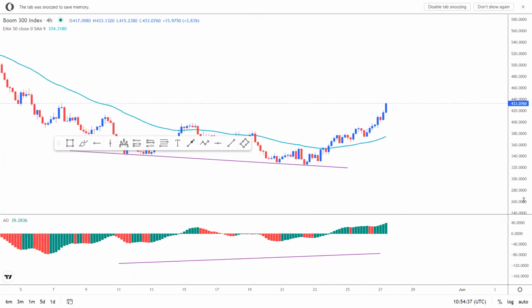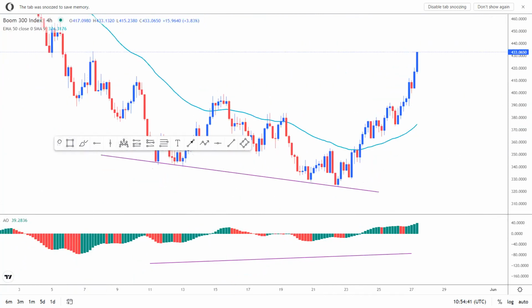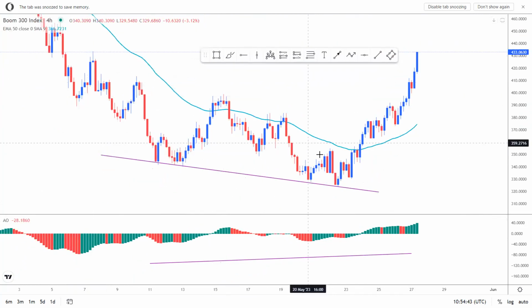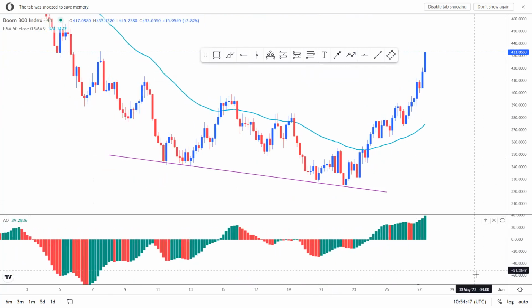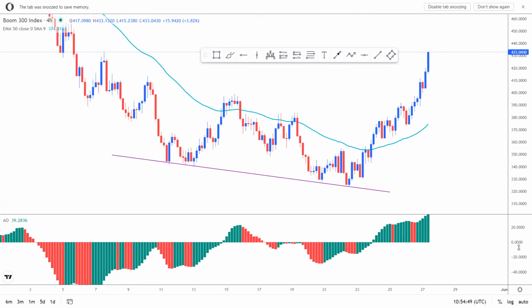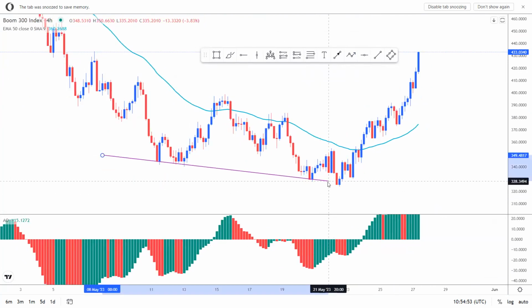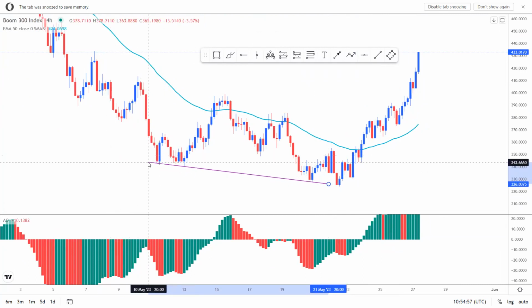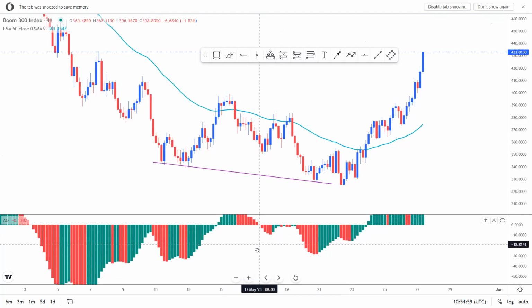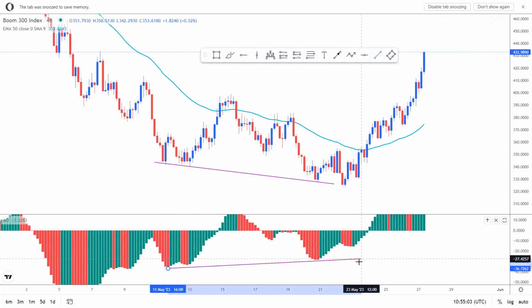Here, before I take out the awesome oscillator, I quickly want to point out something also from the 4-hourly time frame. So this is the divergence we identified from the daily time frame right here.